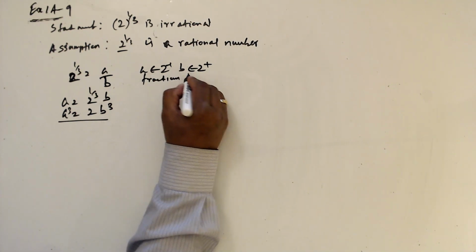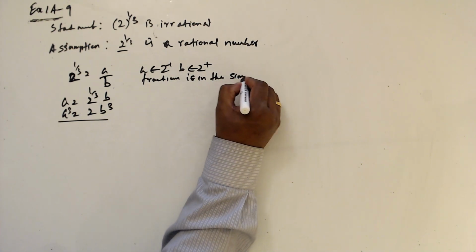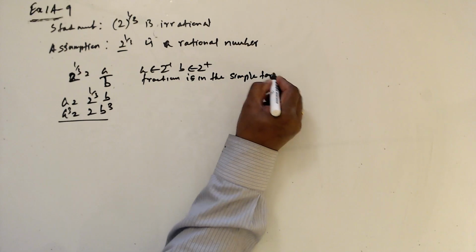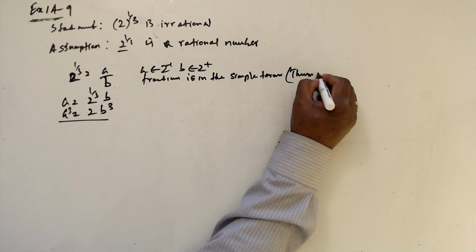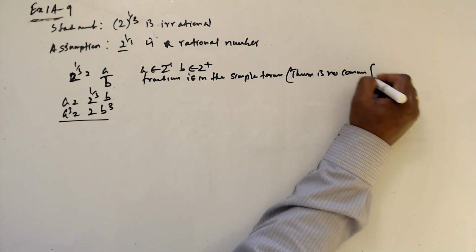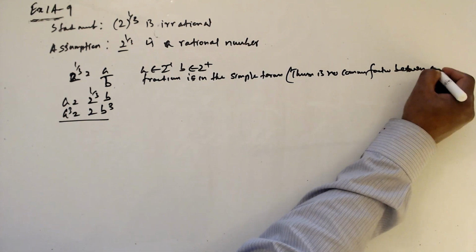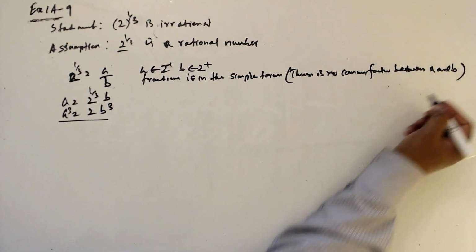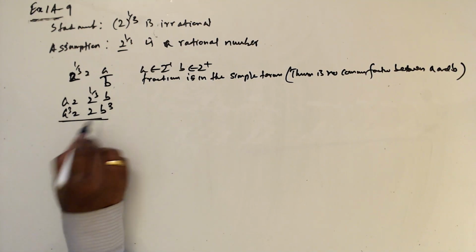The fraction is in the simplest term. That means there are no common factors between A and B. And so now A cube is 2B cube here.